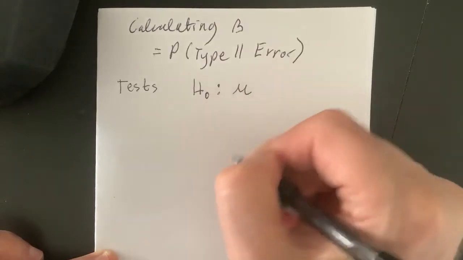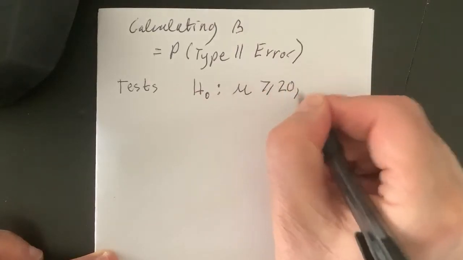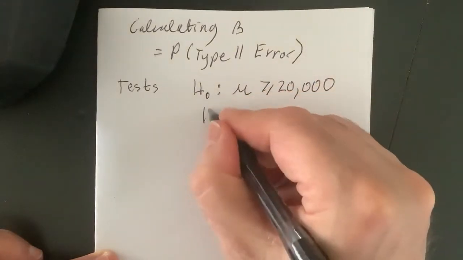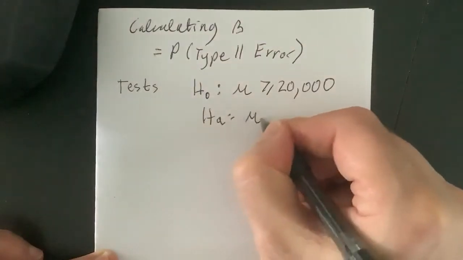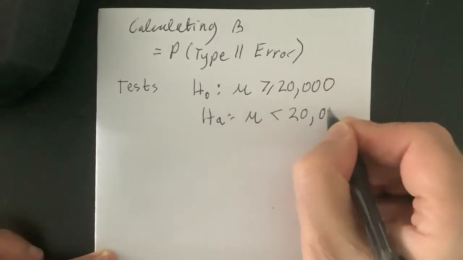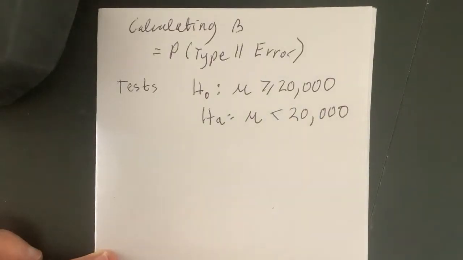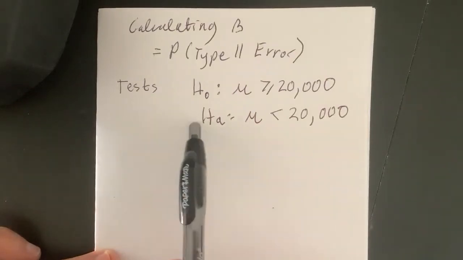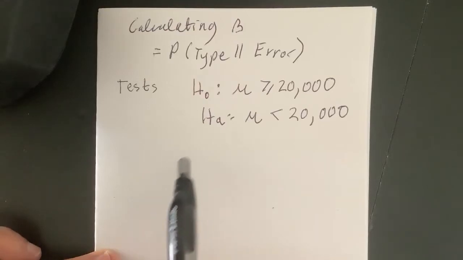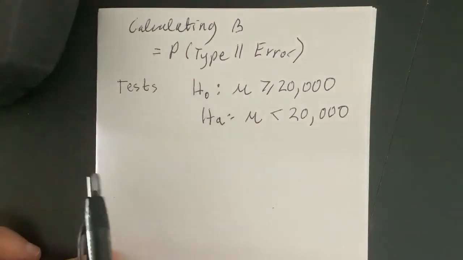The null hypothesis was H0: mu greater than 20,000 and HA: the expected value is less than 20,000. This was with the tires, right? And the company boasted that the average life of a tire was 20,000 miles. And we wanted to find significant data that gave evidence to the contrary of that. So this is the way we pose the hypotheses.